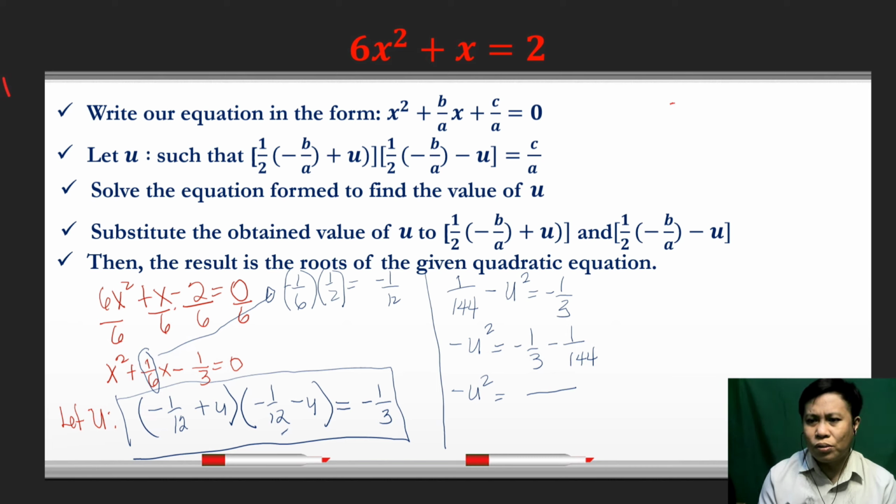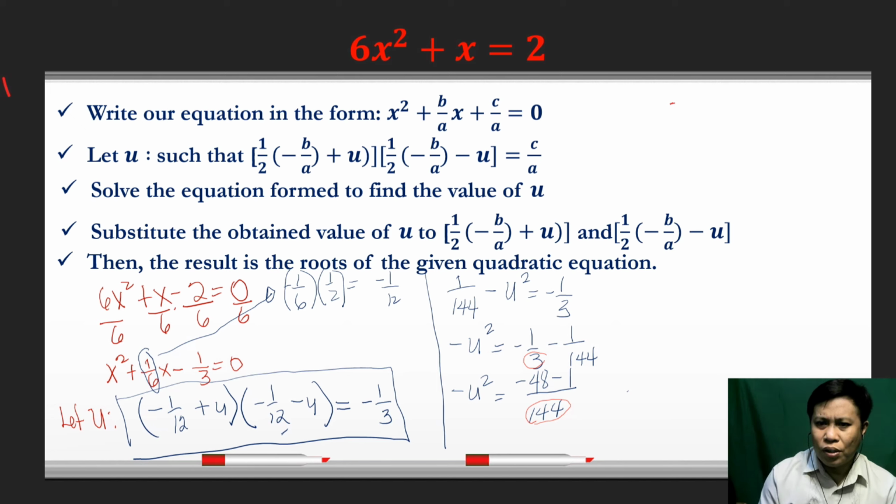So you have to find the least common denominator, which is 144. You have to divide this 144 by 3. 144 divided by 3 is 48. So negative 48 minus 1.